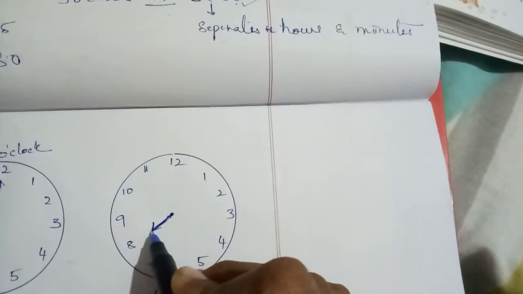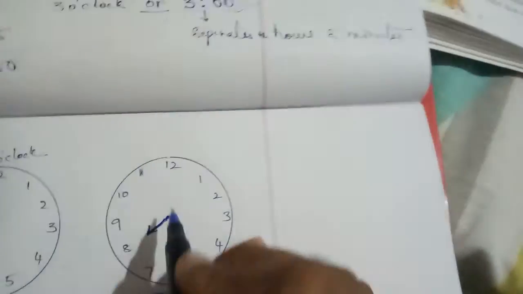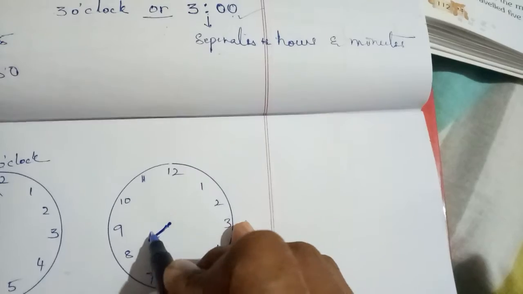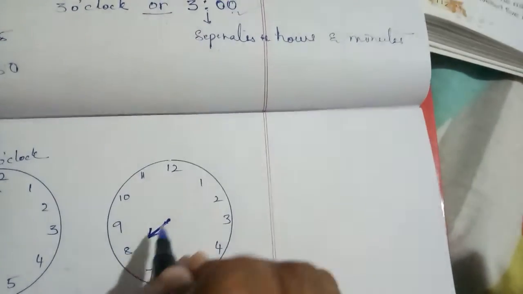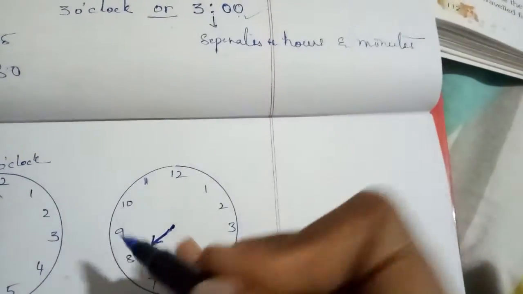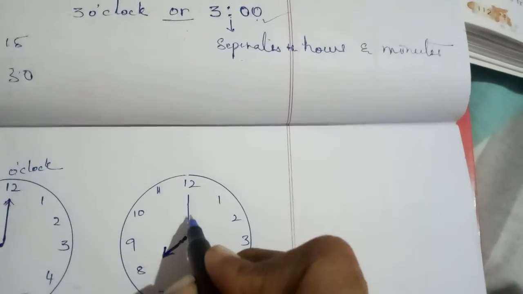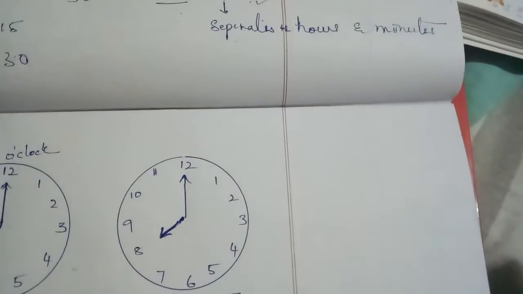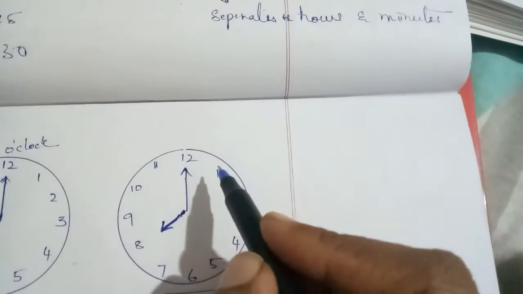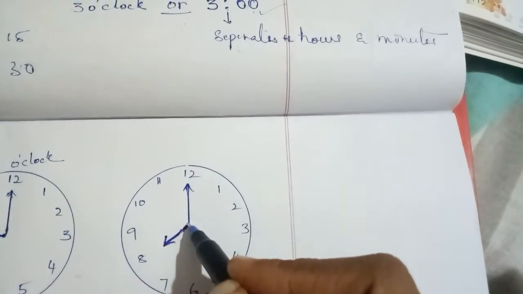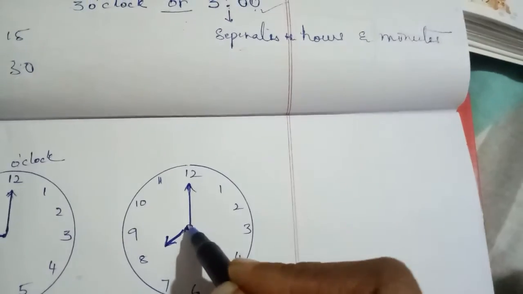Nana, remember. First we have to see in the clock where the short hand is. Then after that only you see the long hand.